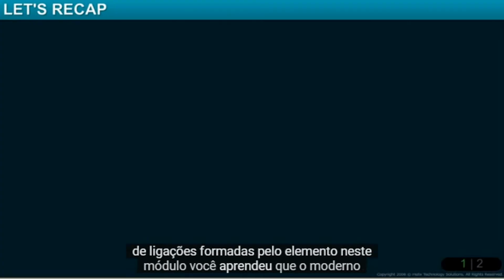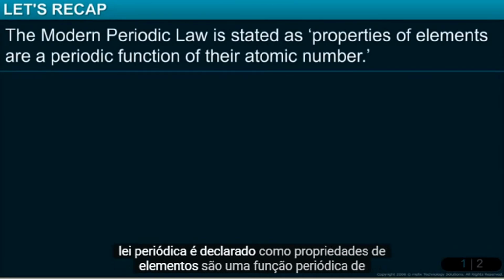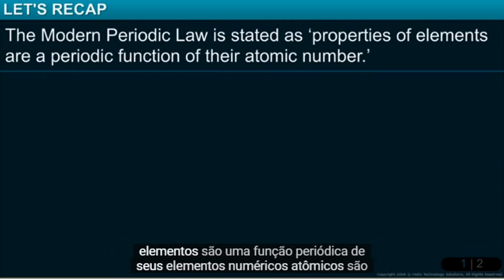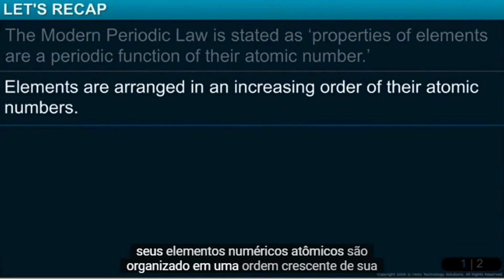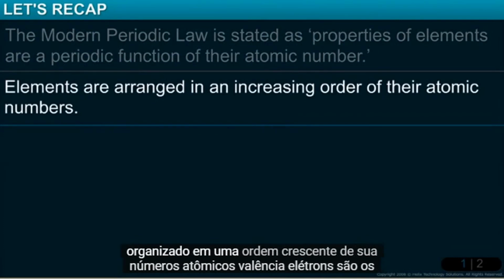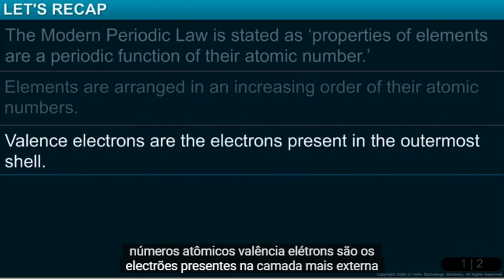In this module, you have learnt that the modern periodic law is stated as properties of elements are a periodic function of their atomic number. Elements are arranged in an increasing order of their atomic numbers. Valence electrons are the electrons present in the outermost shell.